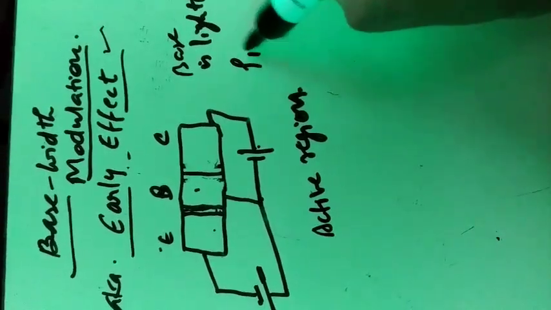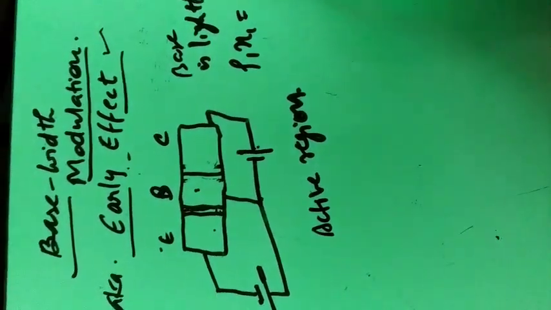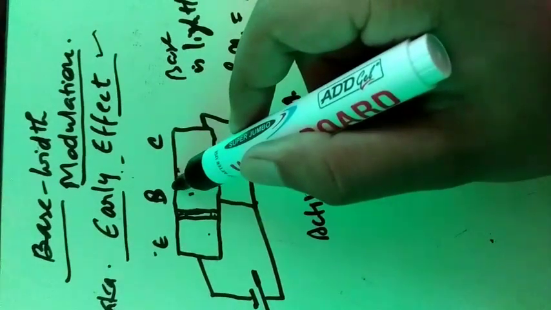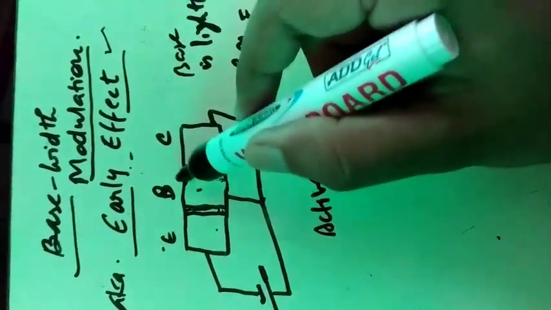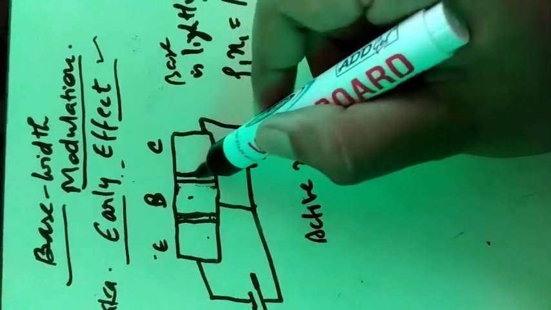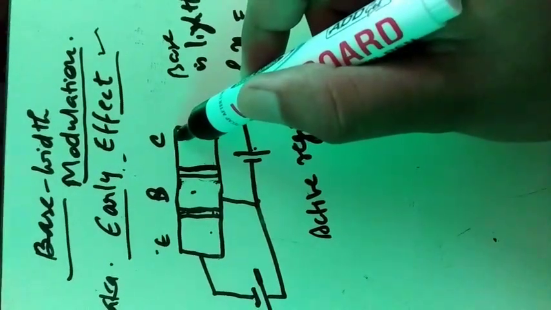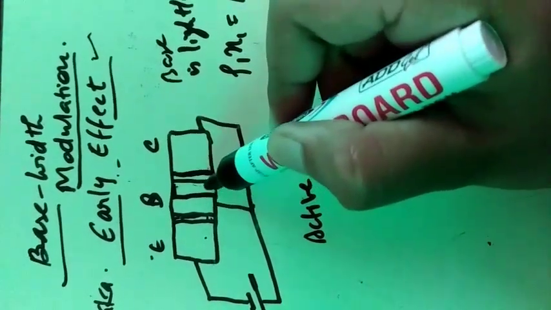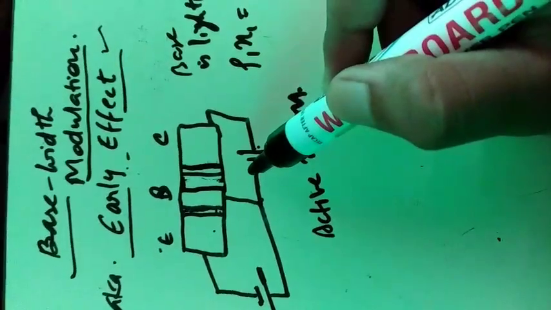And we know that ρ1 x1 is equal to ρ2 x2. This means that if this is positive charge, and it takes a small distance in this collector part, then it will cover a large distance in this base region.